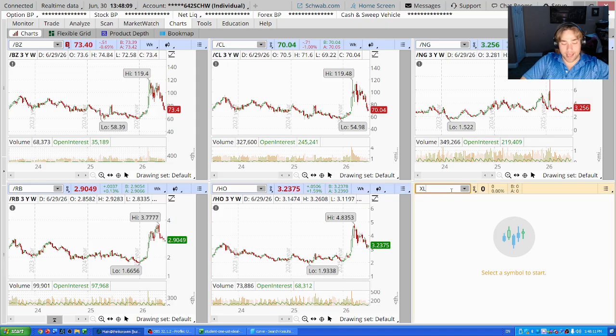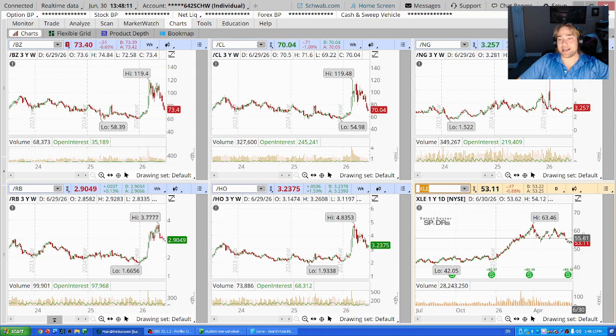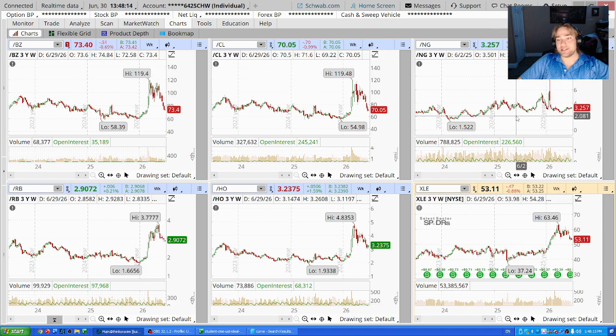And then finally, I'm going to add an overlay of the energy sector, XLE. And you can see as well, energy trades closely with the spot products of energy. When there's an oil shock, you can see the energy sector move, and when oil sells off, the energy sector sells off. Now there are some moves that are more independent, like this.